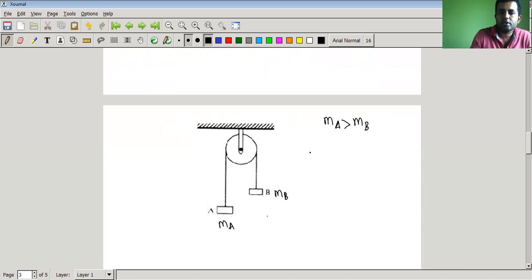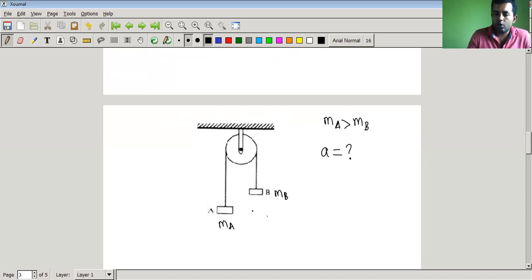The question's first part is to calculate the acceleration of the system. It is also mentioned that there is no mass in the string, and this pulley does not rotate. So this string can slide over the pulley. You have to calculate the acceleration of the masses.